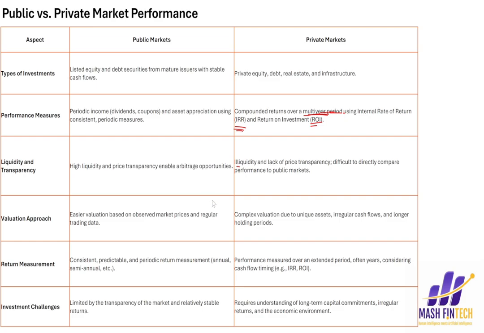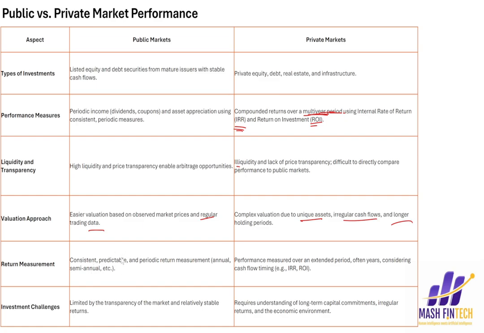The valuation approaches for private markets are going to be complex because some assets can be unique, the cash flows are irregular, and the time horizons are longer. On the contrary, in public markets the valuation is easier because the prices are observed regularly based on trading data on the stock exchange or on the market.